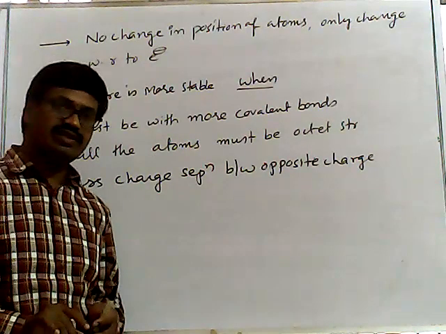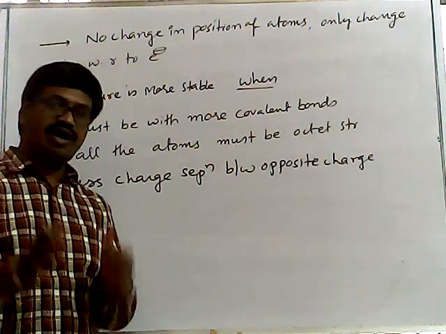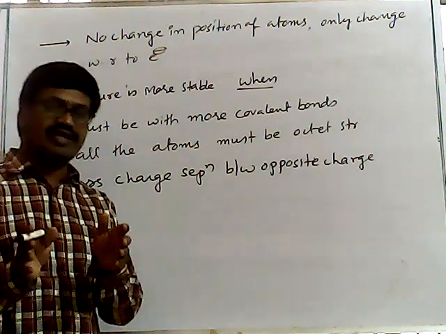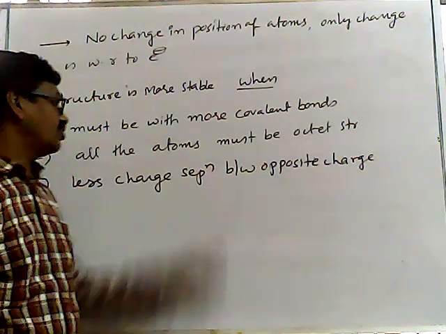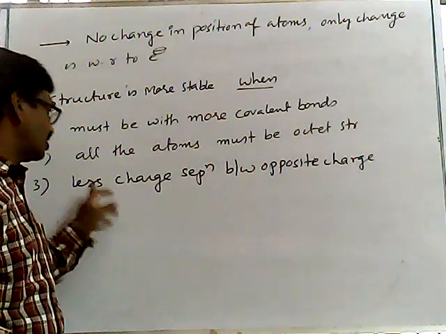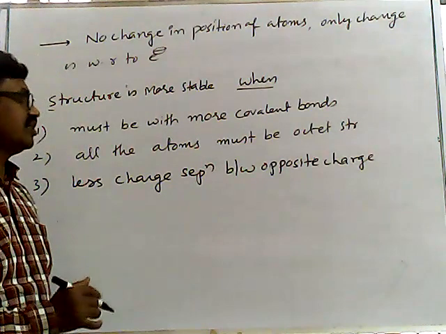Which is more stable? The structure with less charge separation, in which opposite charges are present on adjacent carbon atoms, is more stable than the one with first and last carbon. So between opposite charges there is less distance, that is, less charge separation.